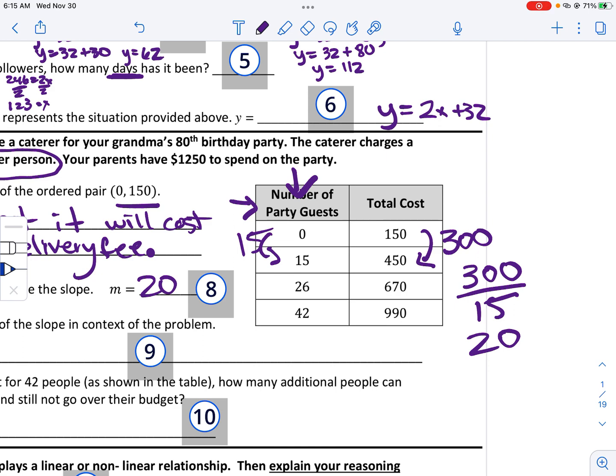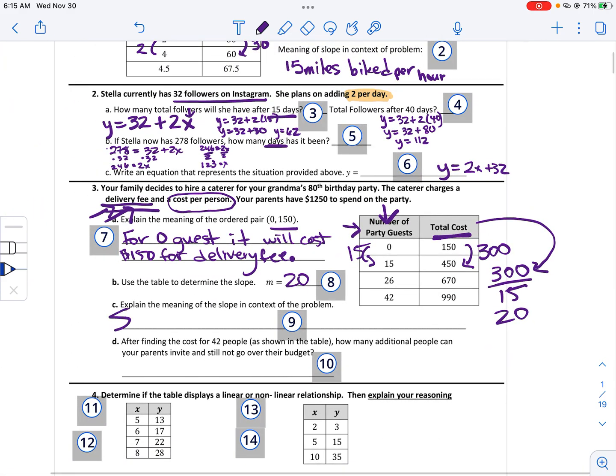Well, the change in y is on top, so this number right here deals with total cost. So that means it's $20, and then the bottom part deals with the number of guests. How many guests? So per guest.